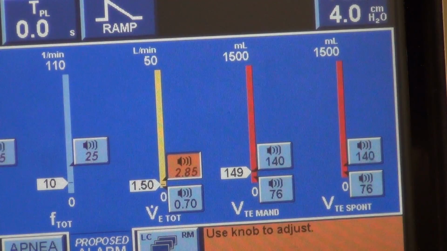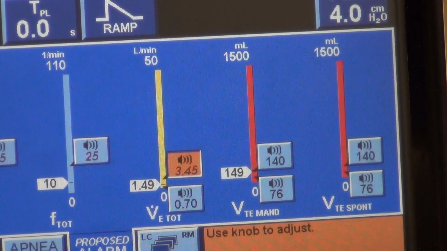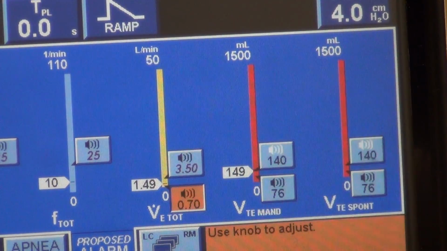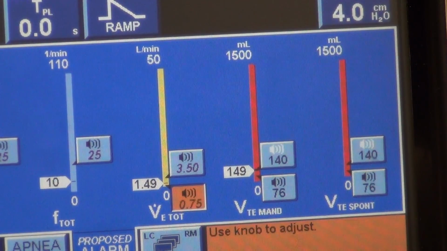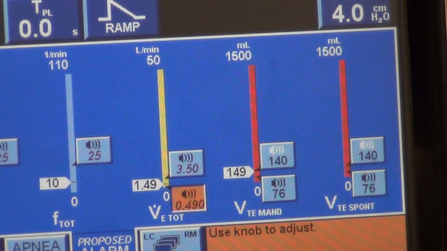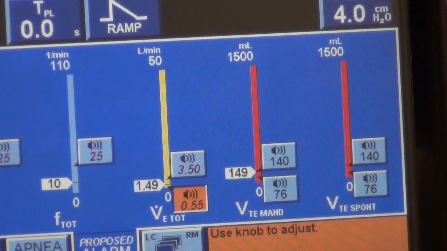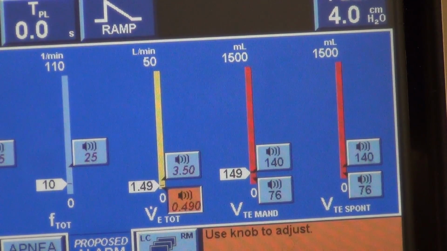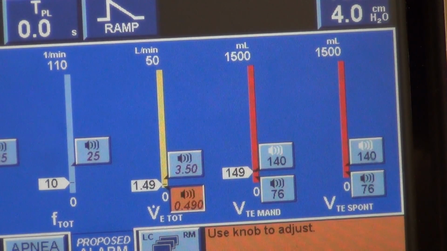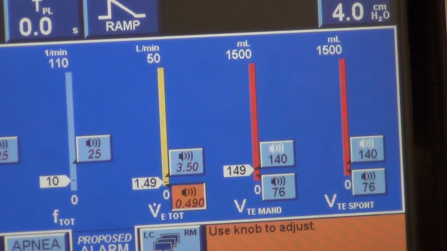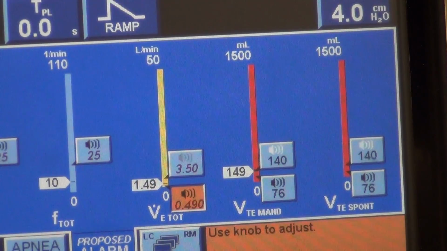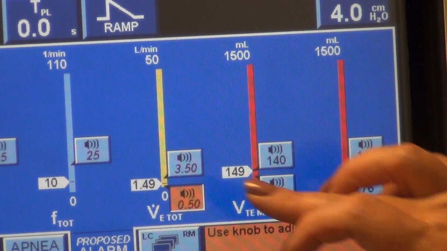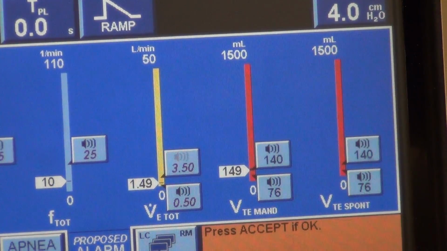Oh, 3.5, sorry. Okay. How far down? All right. And you don't want to get too low. 0.5 should be appropriate for that. You never want to absolutely turn off your alarms.